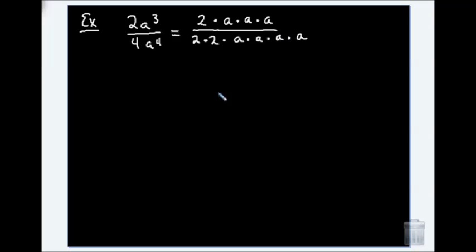So I expanded it all out. 2's cancel, 1 set of a's, 2 sets of a's, and then 3 sets of a's cancel. See how I have nothing left up top? I had to put a 1 up there. 2/4 is half to begin with, right? Exactly. So this is method 1, that's the expansion method.